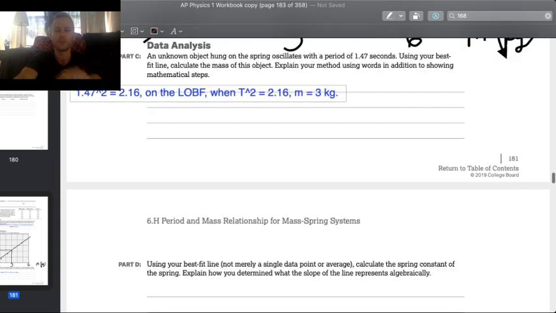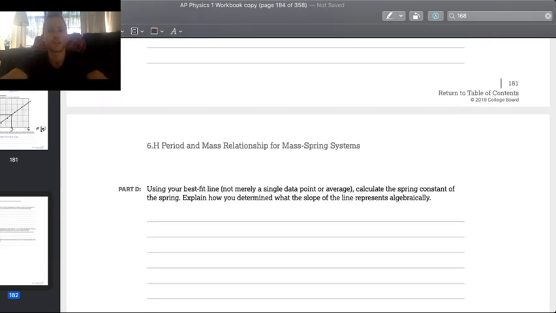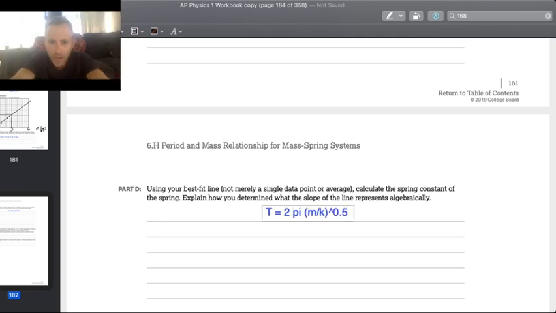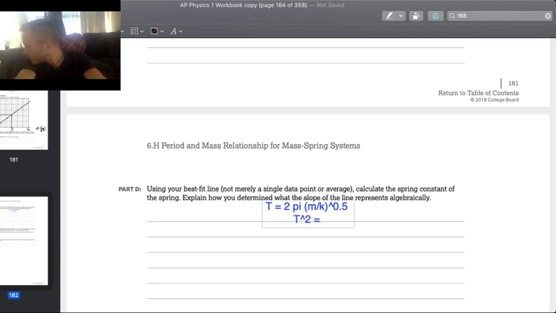Using your best fit line, calculate the spring constant of the spring. All right. So if I take the equation period equals 2 pi square root of m over k, what if I square that equation?